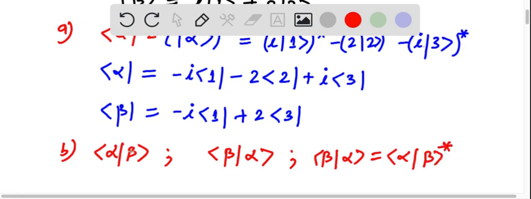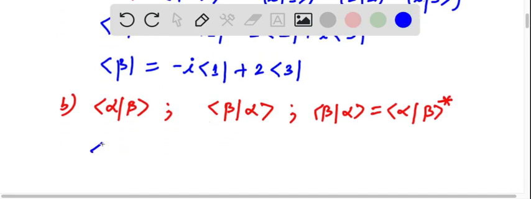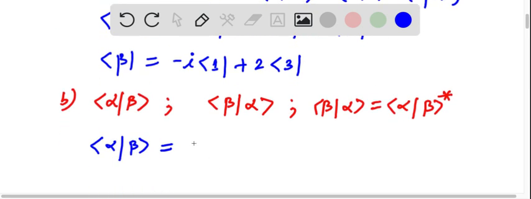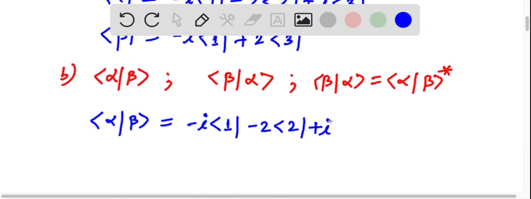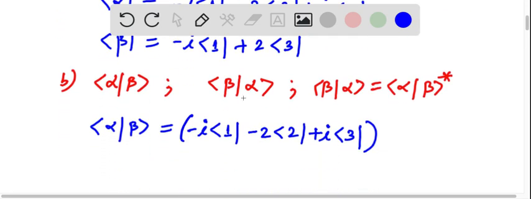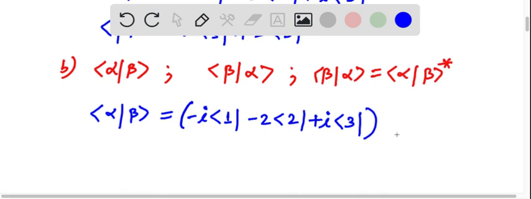So first find this value, <α|β>. The bra α is −i<1| − 2<2| + i<3|, and the ket β is given here, that is i|1> + 2|3>.